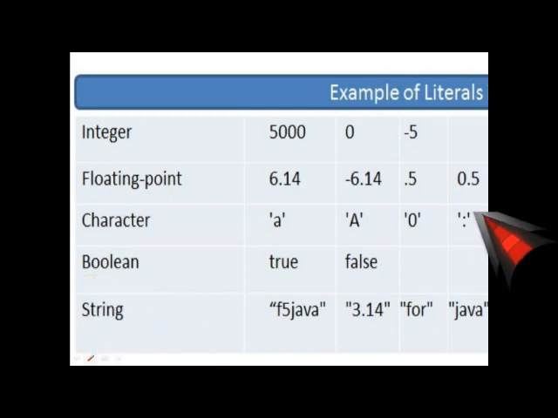Not only that, see the last example here, which is a semicolon, or a colon. A colon is also a special character. So this special character is also termed a character literal, enclosed in single quotation marks.